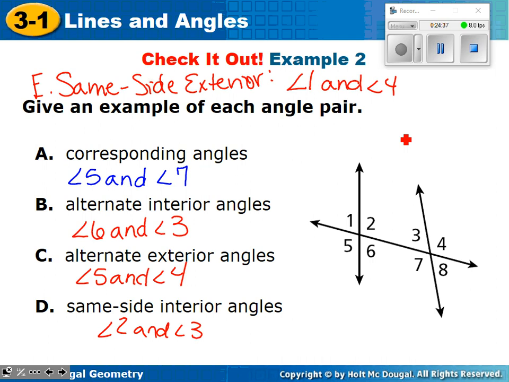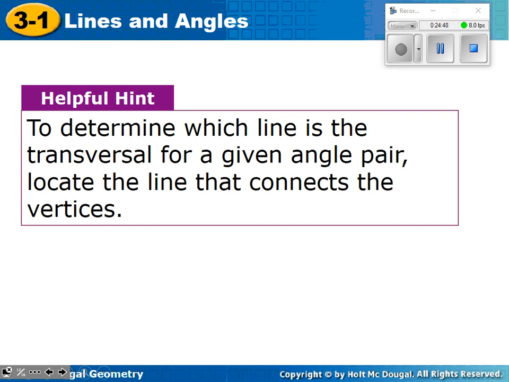Okay, it's the next example that gets a little bit harder. Any questions before we go on to the last part? Okay, so on this next one, they're going to ask you to identify the transversal. And I did not put this in your notes, but look up here. Here is a hint to determine which line is the transversal.